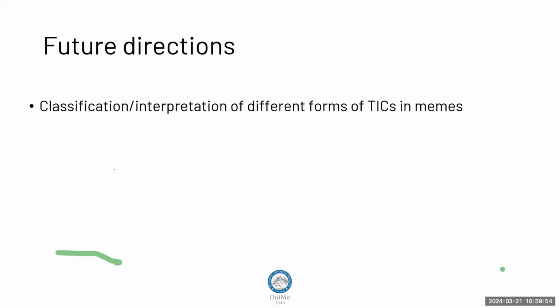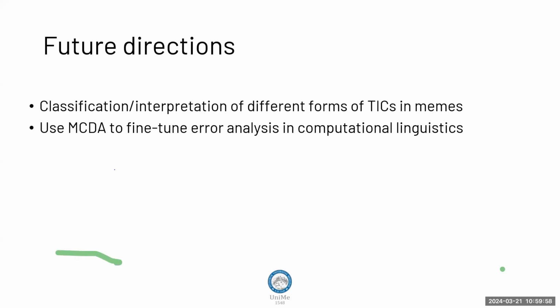different taxonomies that can be understood by machines, and then using multimodal critical discourse analysis to fine-tune error analysis in computational linguistics. That is, basically these models at the moment only decide if the interpretation is correct or not after producing the output.